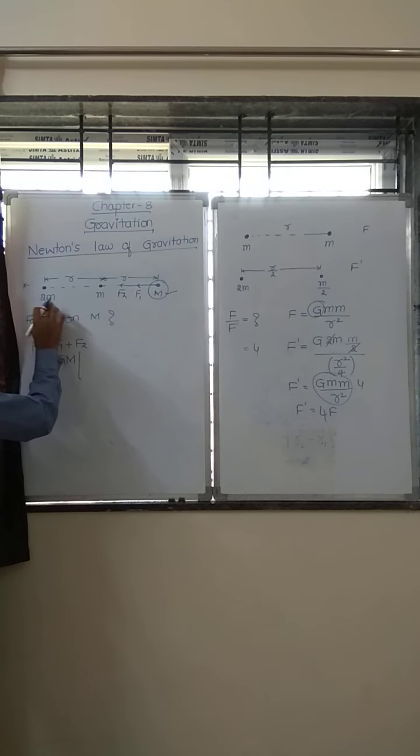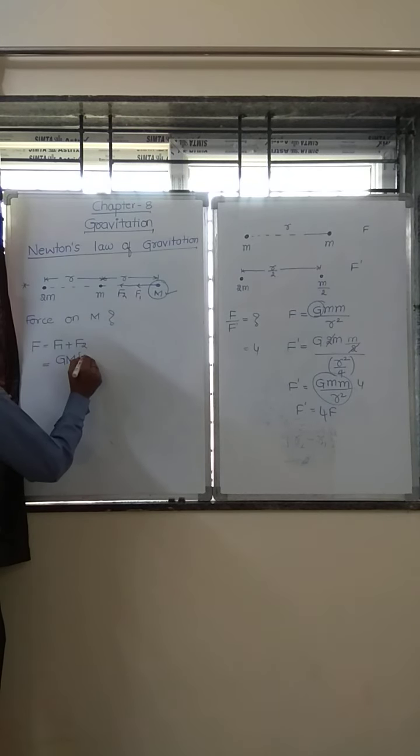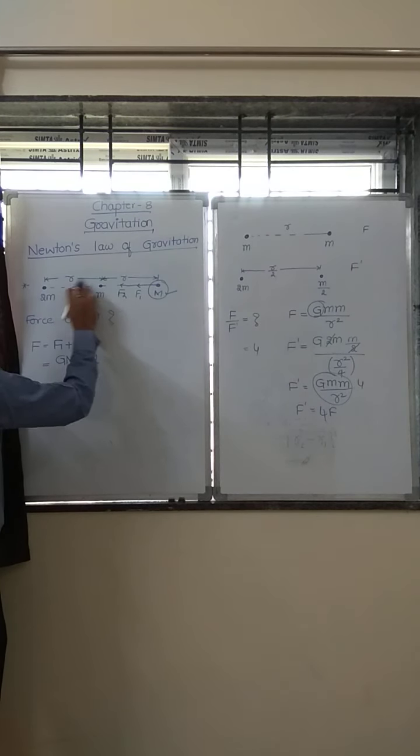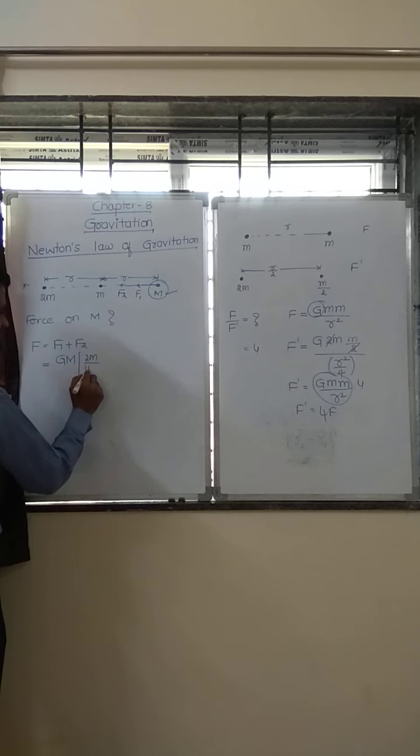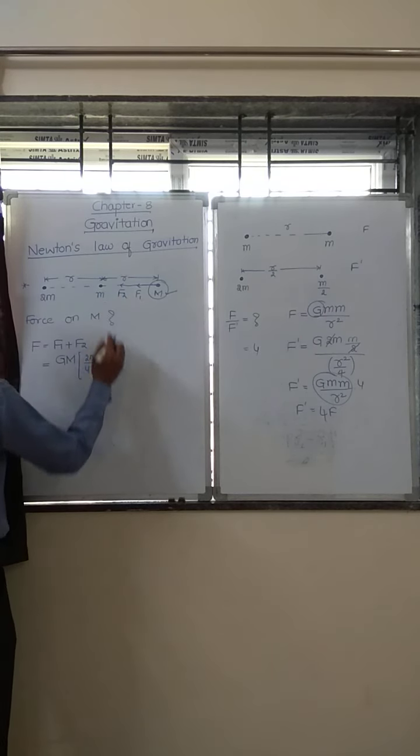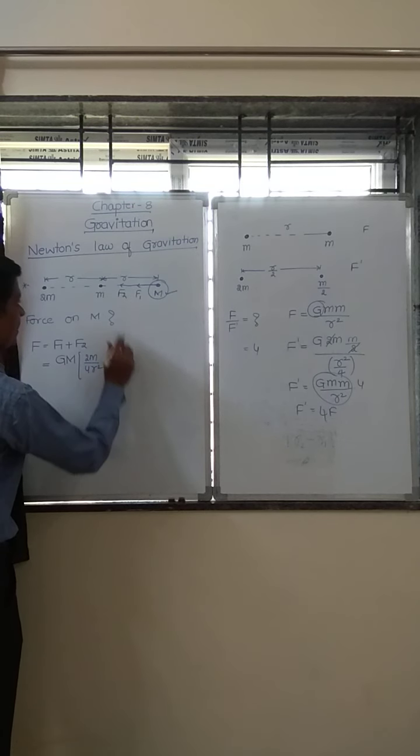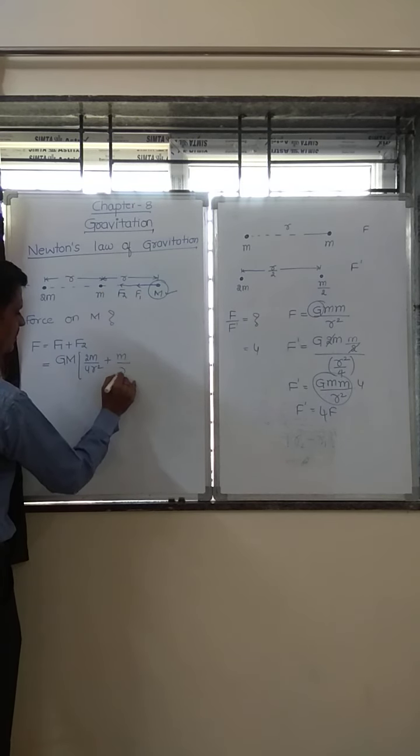Now mass divided by distance: the mass is 2m, and the distance is r plus r, 2r. 2r whole square is 4r square. Plus this is m, and the distance is r square.